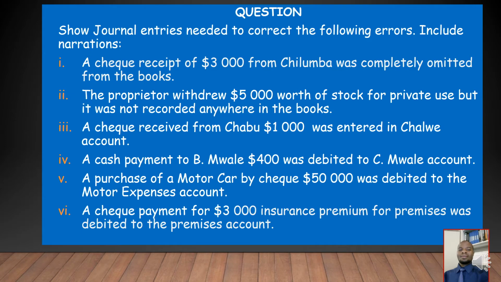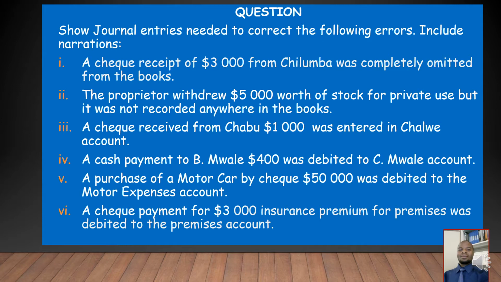Before we even delve into the nitty-gritties of the lesson, allow me to now just give you a question. A question on the limitations of the trial balance may come in this form. This question says, show journal entries needed to correct the following errors. Include narrations.